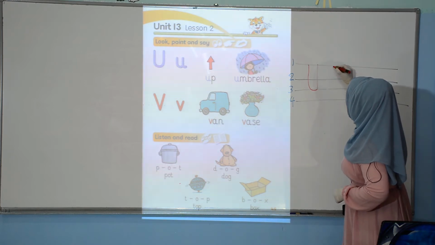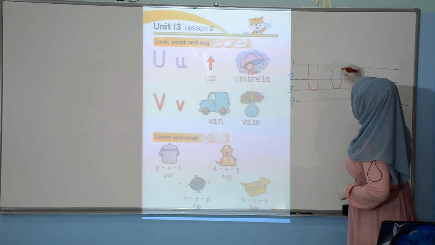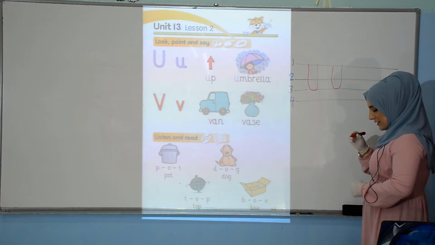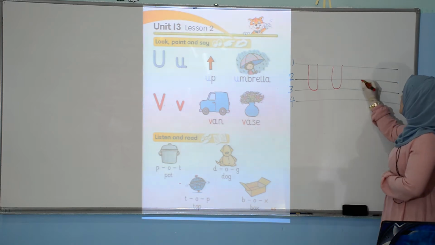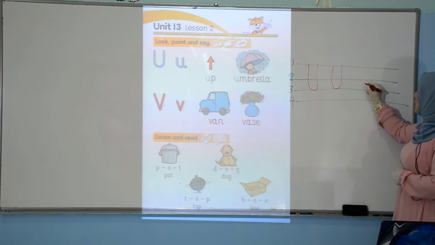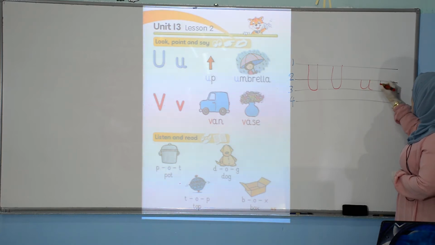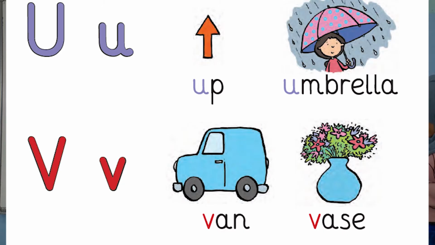Again, this is capital U. Down, up. Okay, that's very good. Now let us write down small u. Small u, down, up, down. Down, up, down. Okay, this is u.